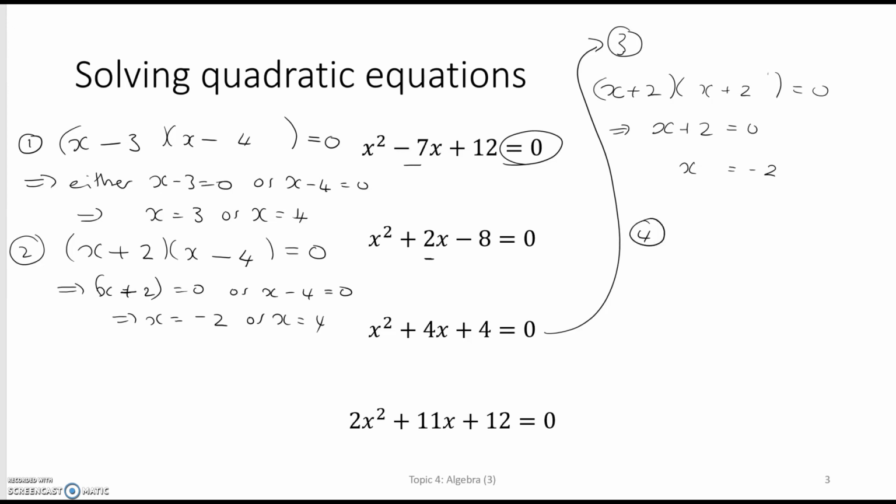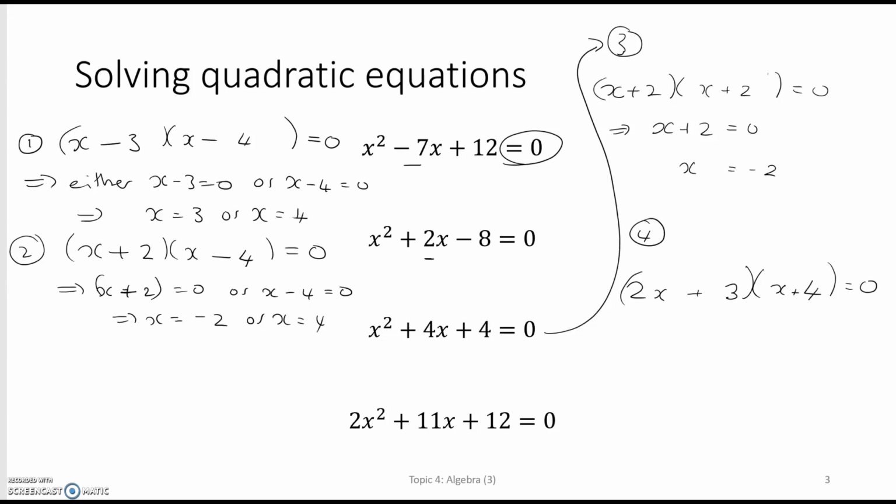For the next one, remember from when we did factorize these, we need 2x in the front bracket. And now we need numbers that multiply together to make 12. Probably 6 and 2 or 4 and 3. 4 and 3 works.